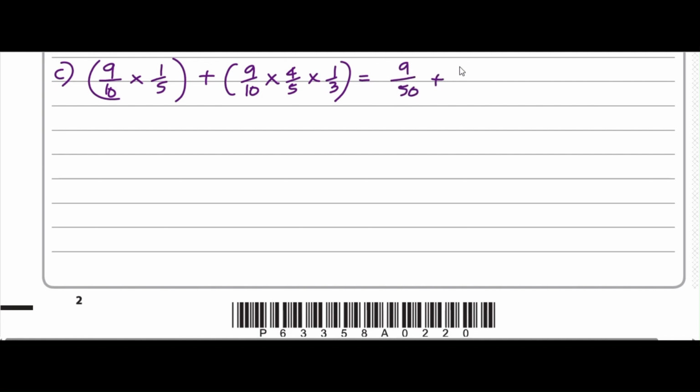So let's write, from bag B he will be getting, the probability of getting a red is 9 out of 10 times 1 out of 5 plus from bag C 9 out of 10 times 4 out of 5 times 1 out of 3, and that's going to be equal to 9 out of 50 add 36 out of 150, equaling 21 over 50.